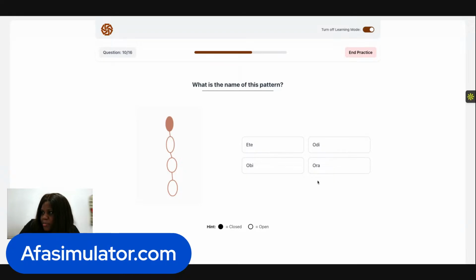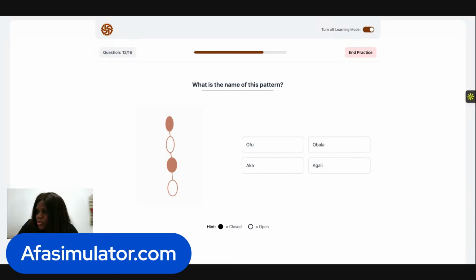This is Aura. This is the opposite of Aka, so it's Otule. Gosh, what is this?